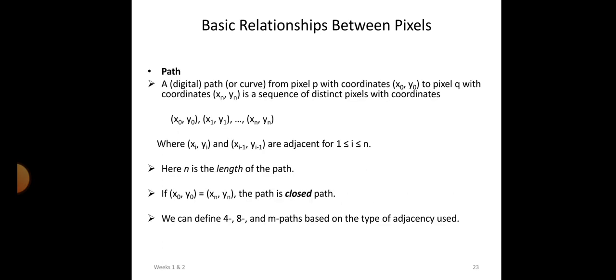A path means a digital path or curve from pixel P with coordinates x0, y0 to pixel Q with coordinates x and y, which is a sequence of distinct pixels with coordinates. This is represented here. Thank you.